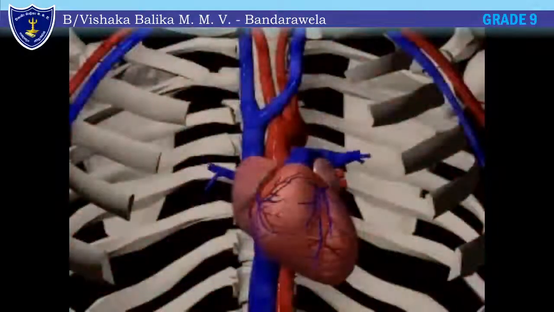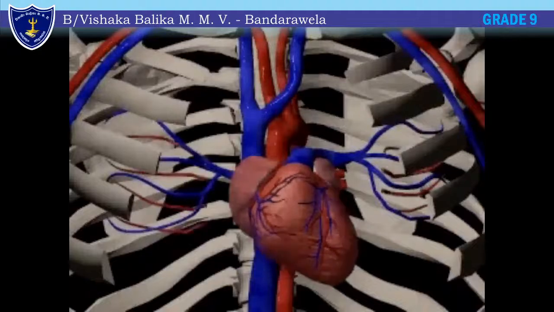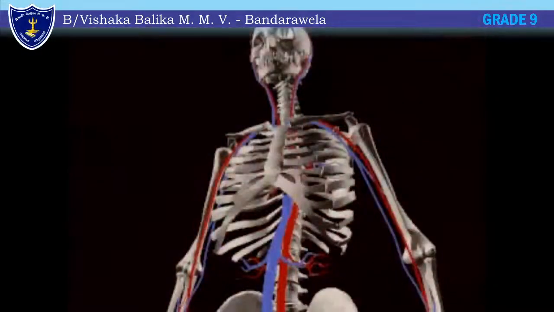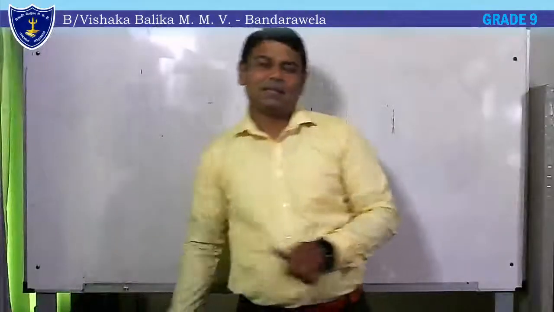Again, this blood must go to the lungs to collect oxygen. And look at this. Through blood vessels, they go around the lungs and collect oxygen. So this is the process of circulation. Blood circulation takes place like that.